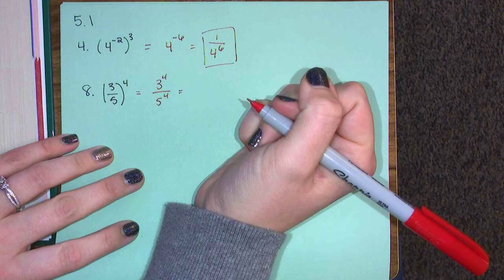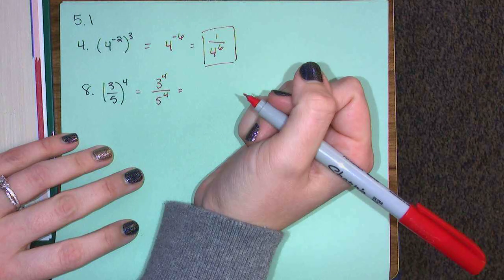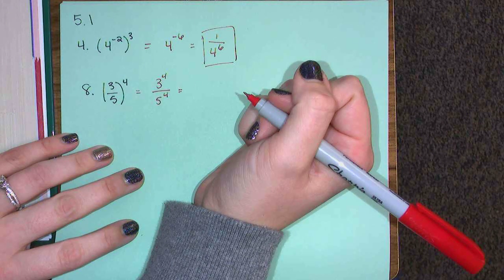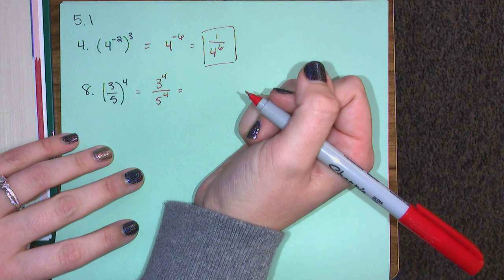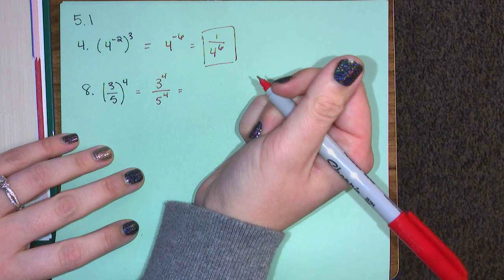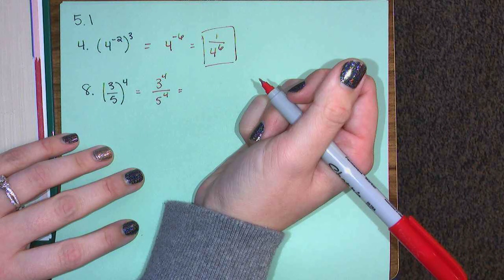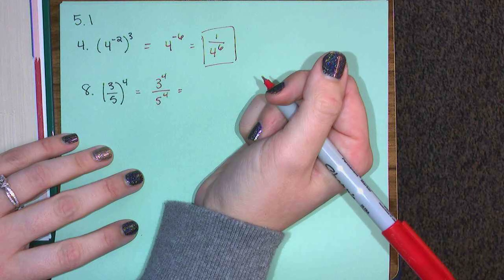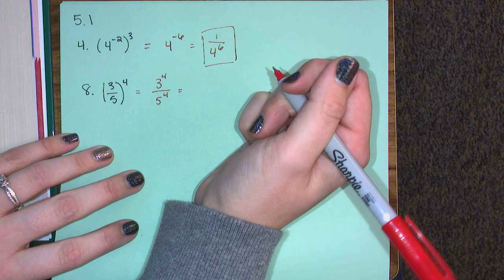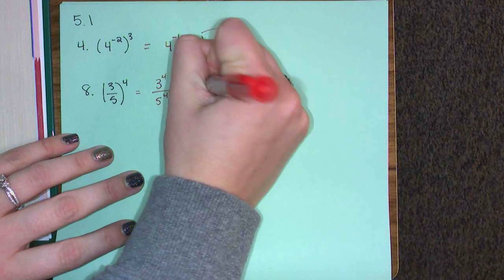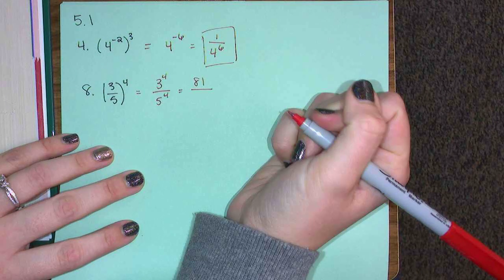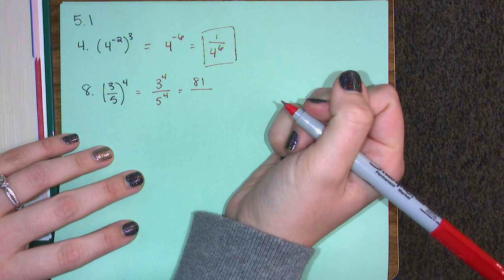So what's 3 to the 4th? What's 3 times 3? So if you have 2 sets of 3 times 3, you have 9 times 9, which is 81 over. This one, I doubt you know 5 to the 4th.